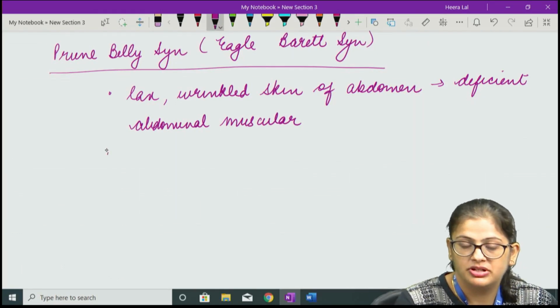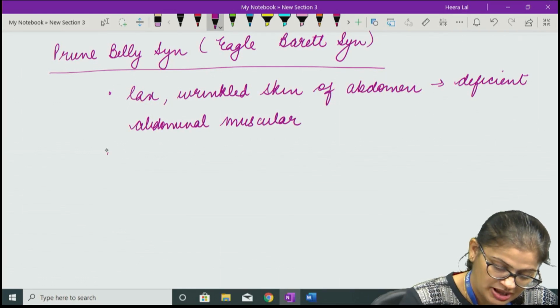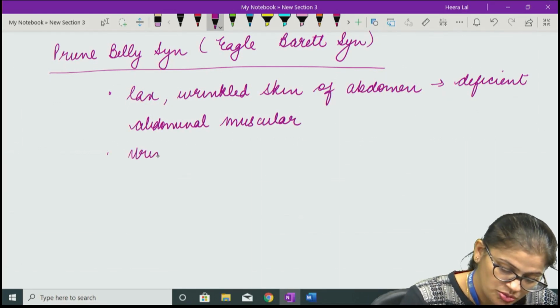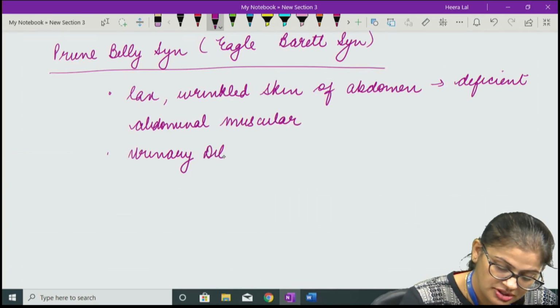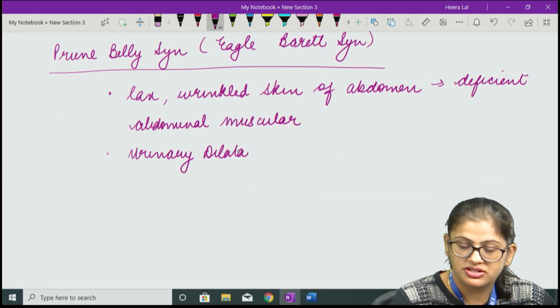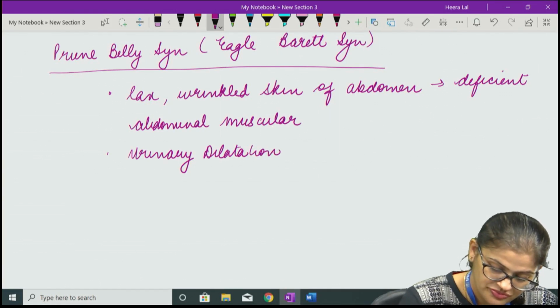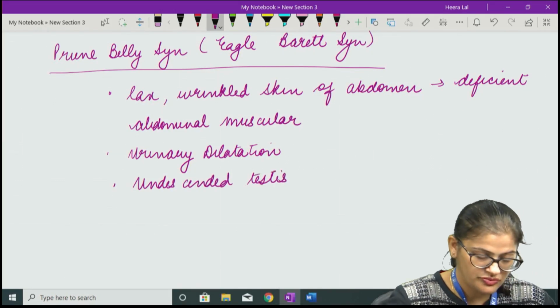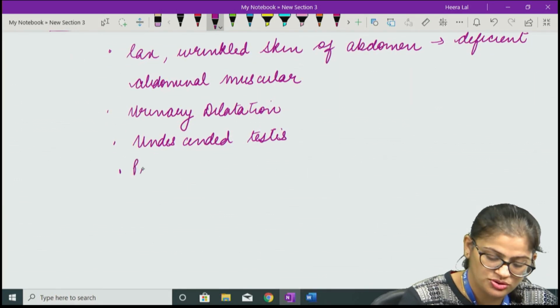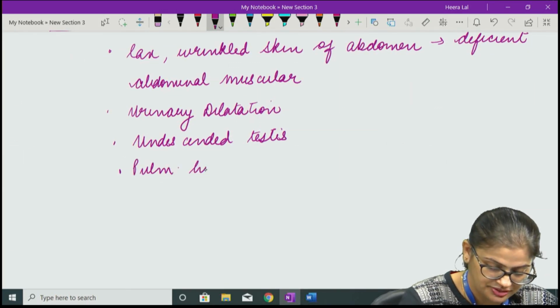There are other malformations as well in prune belly syndrome, and the ones commonly seen are urinary system dilatation along with undescended testis or cryptorchidism. Pulmonary hypoplasia may also be seen in some children.